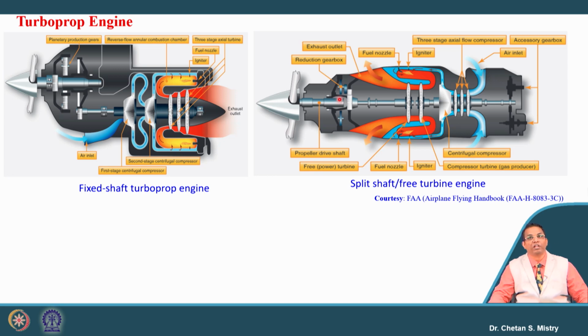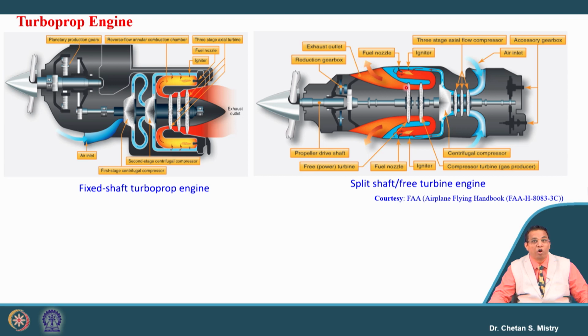Just look at here. This is just a reverse of what we were discussing. I will have my intake placed here, from where it will pass to the axial compressor stages. That is followed by the centrifugal compressor, and then the reverse annular combustor. The gas expands inside these turbines, and this is my exhaust.